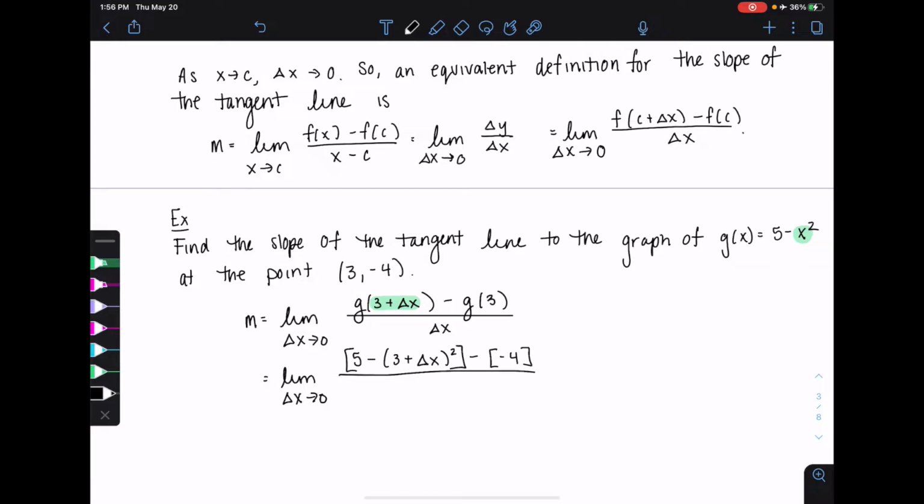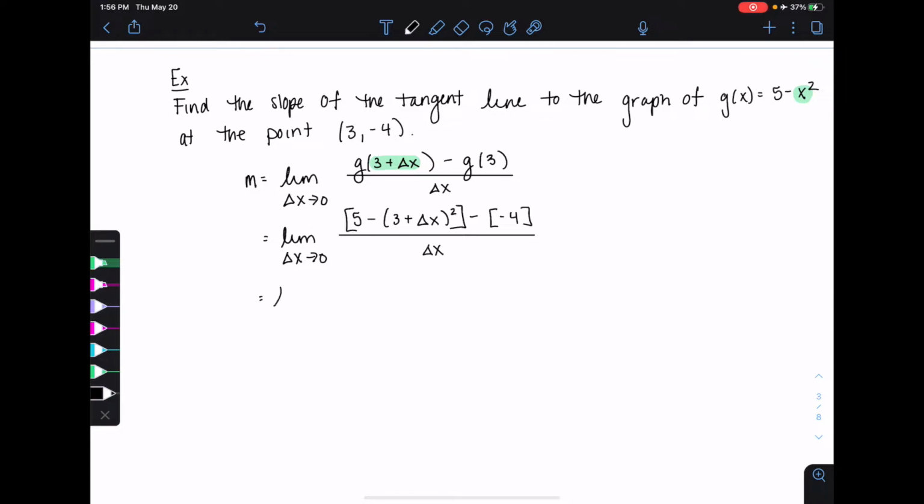And that is divided by delta x. So I want to go ahead and keep working with this expression and hopefully make this delta x disappear, because I can't plug in 0 right now because I will divide by 0.